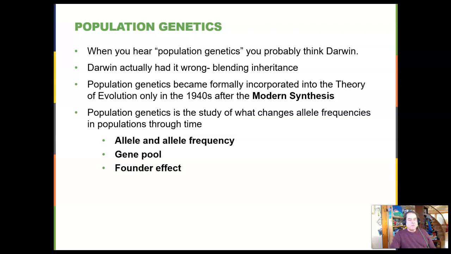So, using this language, we have a gene pool, and of course a gene pool is all of the genes that code for all of the effects, RNA, messenger RNA, proteins, depending on the particular gene, for a given species. And the gene pool includes all the different alleles, the versions of those genes, blonde hair versus brown hair or black hair, and the frequencies, how many copies of a particular allele are out there in the population.